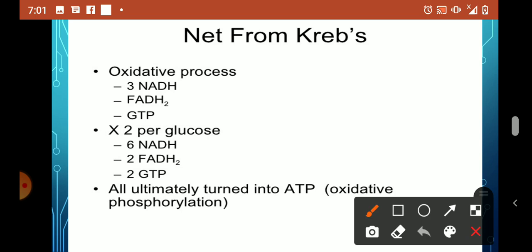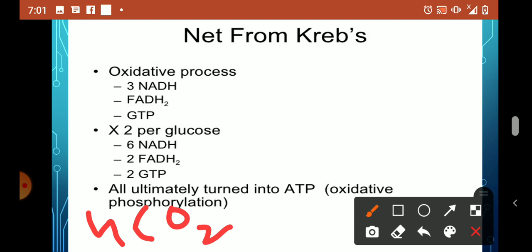Except this, we get 4 carbon dioxide molecules in that. So in respiration we exhale carbon dioxide. What are the inputs of the Krebs cycle?